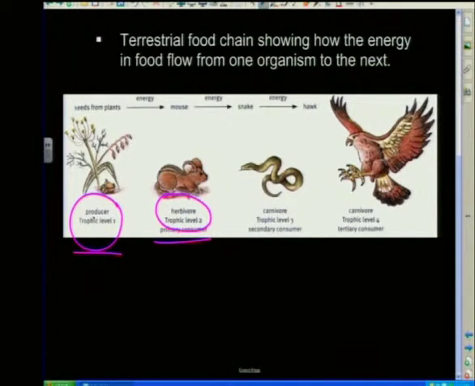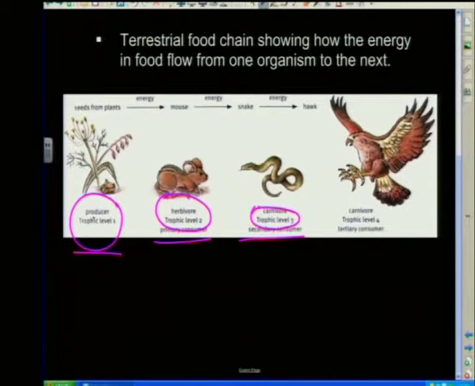Again, herbivores are organisms that consume plant material, and in turn the energy that the mouse would acquire and store in its body will then be available to the secondary consumer, and the secondary consumer in this case would be a snake, and it would be on the third trophic level. Again, a snake is a carnivore, an organism that feeds exclusively on meat or the flesh of other animals.